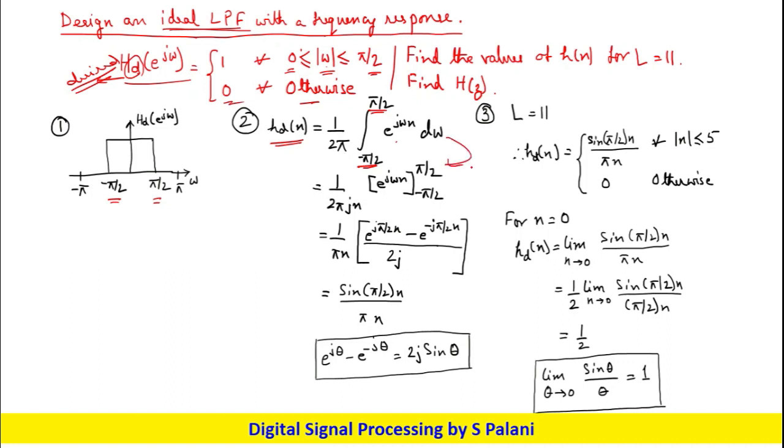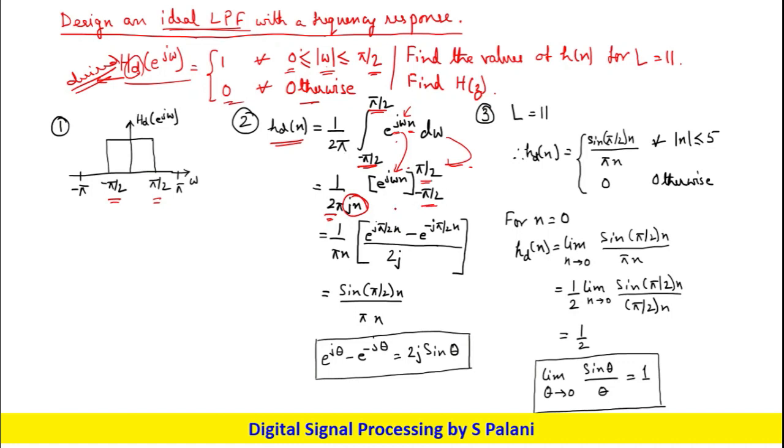The second thing was h_d[n], which would be equal to 1 by 2 pi, integral from minus pi by 2 to pi by 2 of e to the power j omega n d omega. Then you just simplify it. When you integrate it, you get e to the power j omega n, and the variable of integration is omega, so you get the extra term jn, which comes as 1 by jn, multiplied by e to the power j omega n within the limits minus pi by 2 to pi by 2.